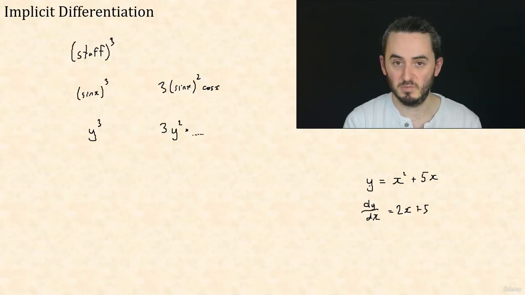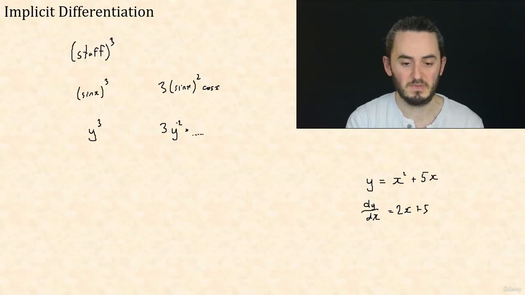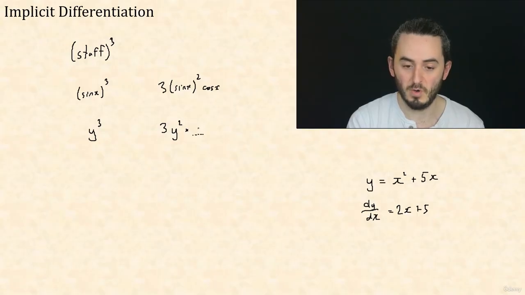You differentiated y with respect to x and you got dy by dx. dy by dx is the derivative of y with respect to x. So if I want to differentiate y cubed with respect to x, power comes down, drops by 1, multiplied by the derivative of the stuff, which is y, and it's just dy by dx.